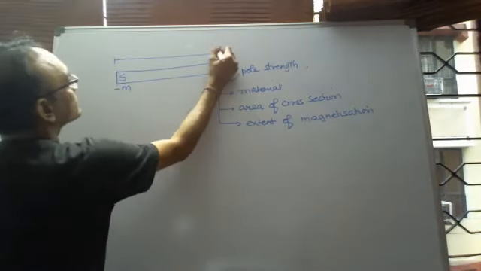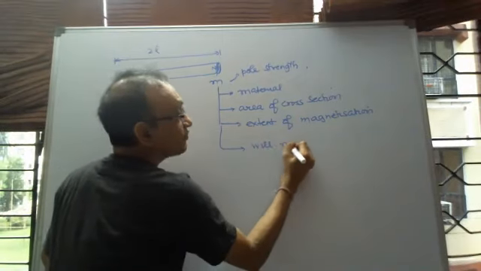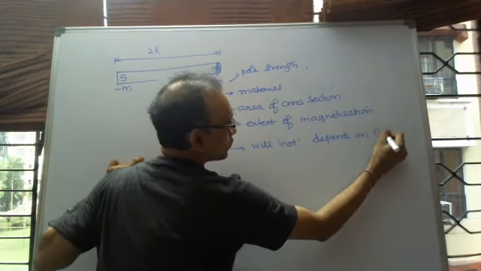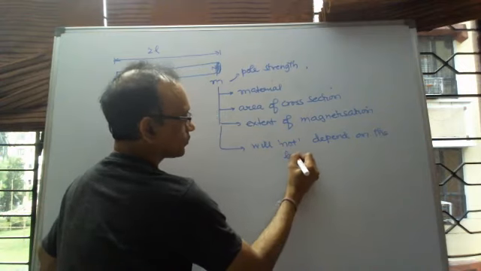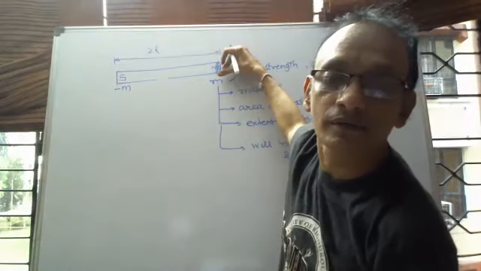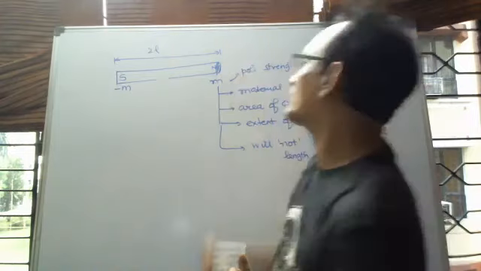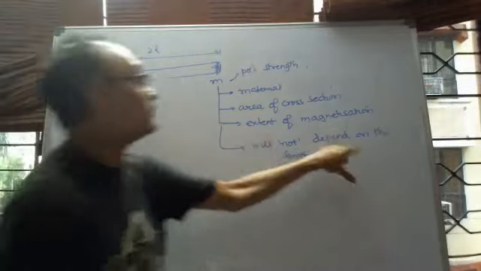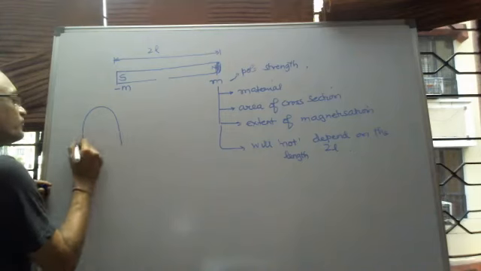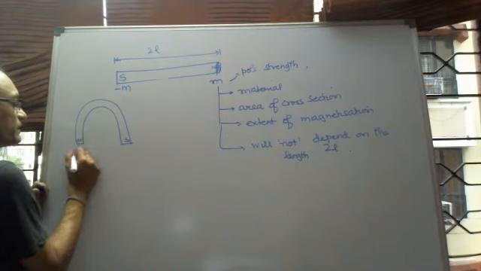If 2L is the length, pole strength will not depend on the length. इस एरिया ऑफ क्रॉस सेक्शन को आधा कर दोगे तो पोल स्ट्रेंथ आधा हो जाएगा. सेम मटेरियल, एवरीथिंग रिमेनिंग द सेम. ठीक है? Will not depend on the length, say 2n. In a horseshoe magnet kind of a thing. This is what we have: n south plus m magnetic strength.